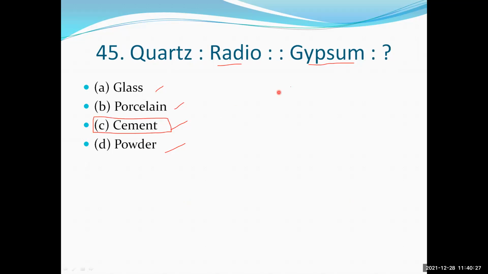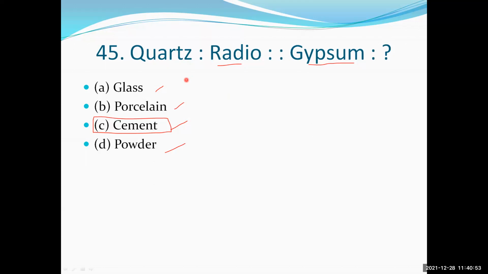So just ensure whether gypsum is made up of cement or cement is made up of gypsum. I think gypsum is made up of cement. Is it right? Or is it not like this? Okay, all right.